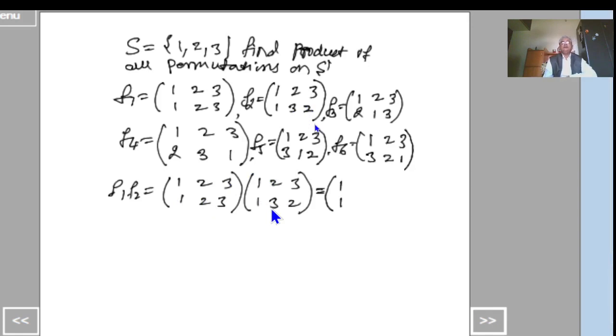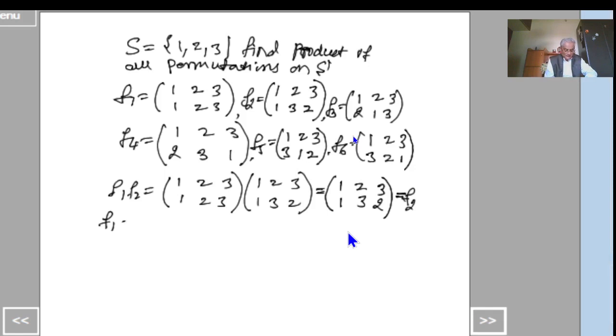Next 2 goes to 2, then 2 goes to 3, so finally 2 goes to 3. Next 3 goes to 3, then 3 goes to 2, so finally 3 goes to 2. This is nothing but our F2. So F1, F2 equals F2.